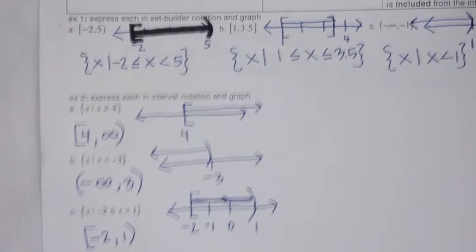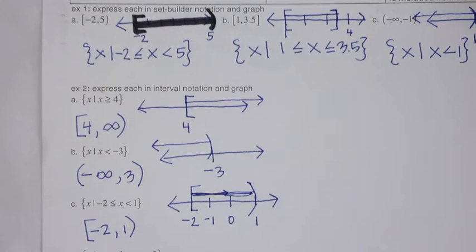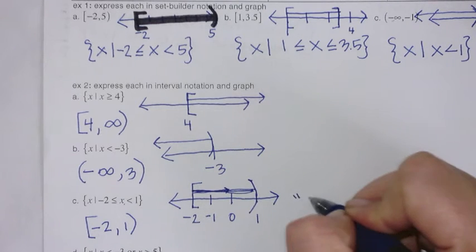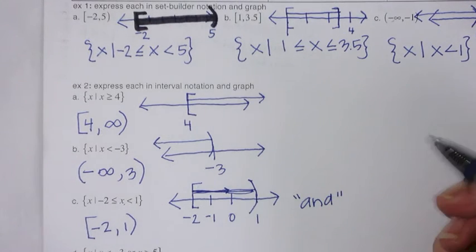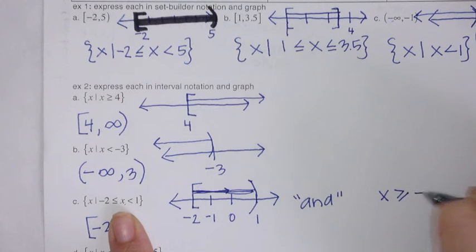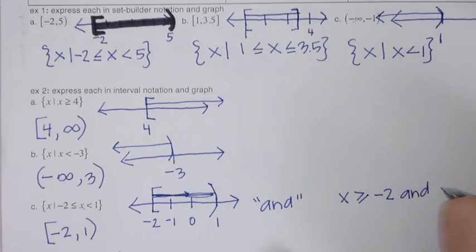Part D is your or statement. So this one is considered an and statement because they're going together. So this is an and, meaning I could have written this like this: x is greater than or equal to negative 2 and x is less than 1.